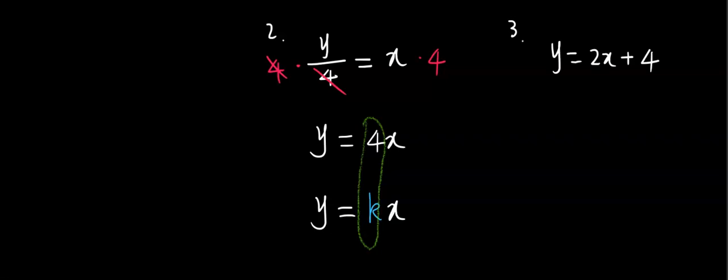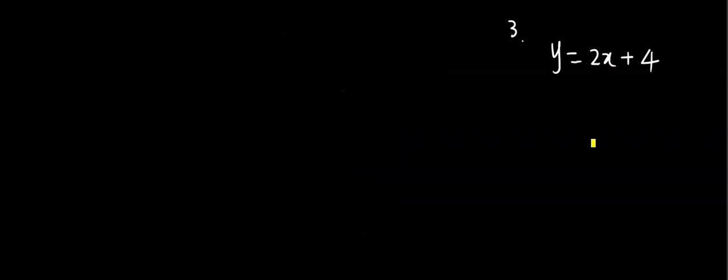Let us look at our next problem. Our last problem says y equals 2x plus 4. I'm sure you confidently say, oh yeah, I know this one is actually the y equals mx plus b form. Can it be written in the form y equals kx?